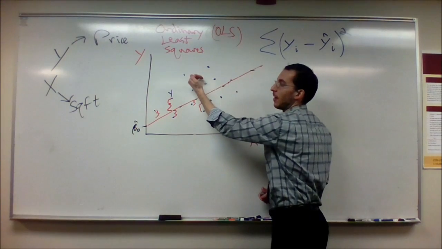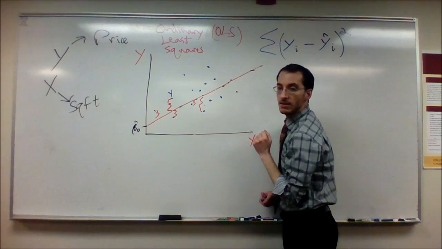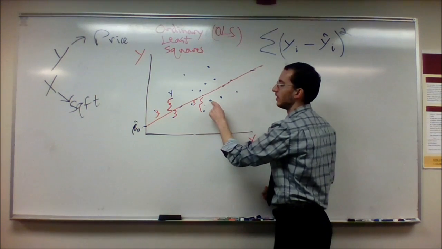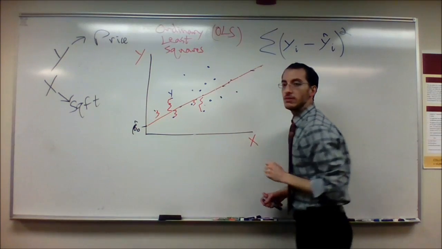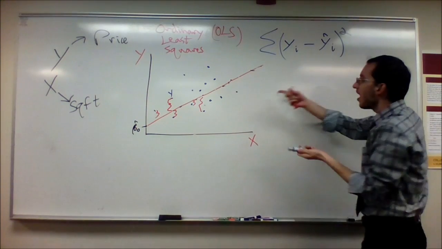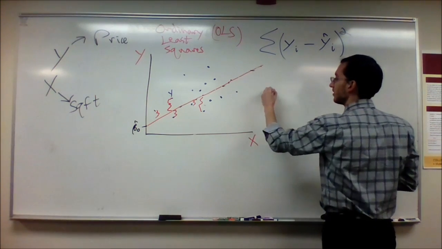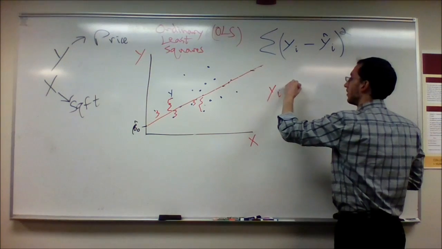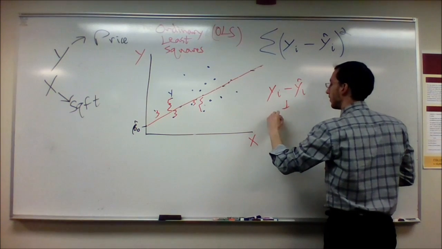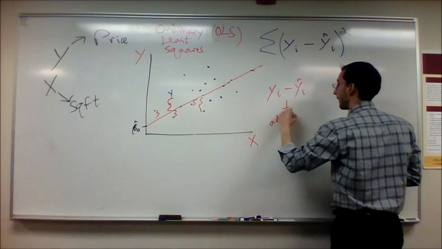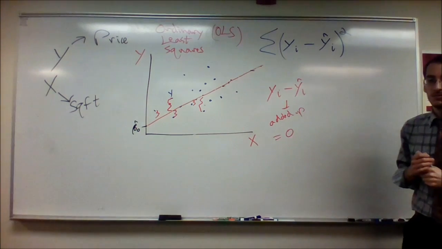So the amount of distance above the line will be completely equal to the distance of these points below the line. And if you took all these distances and added them up, it would equal 0.